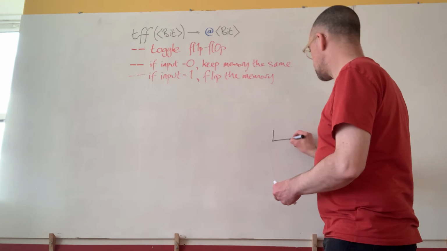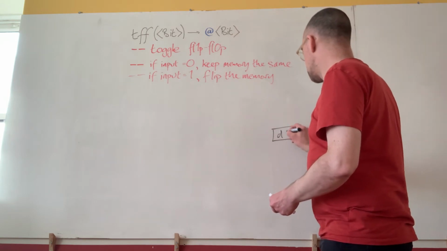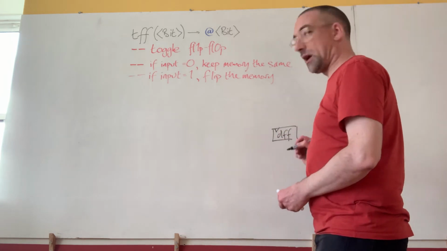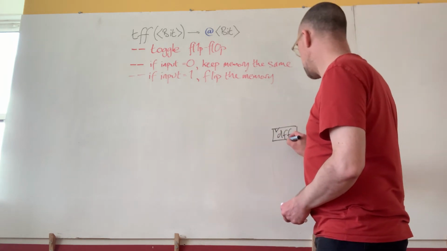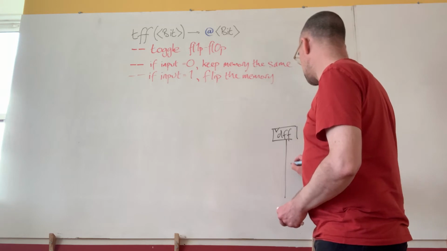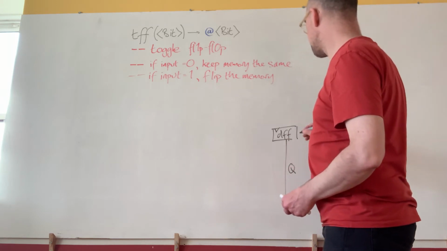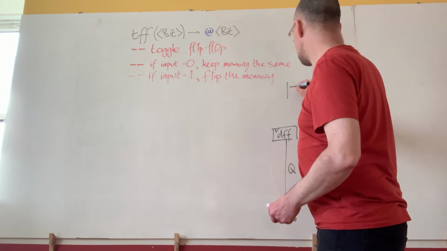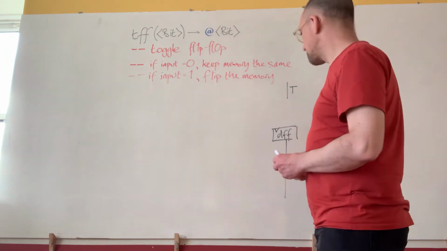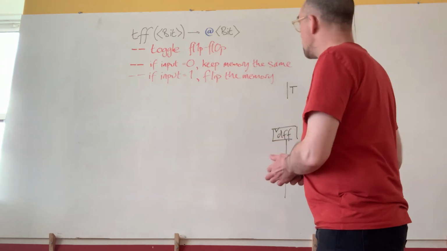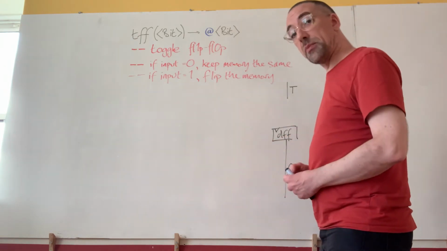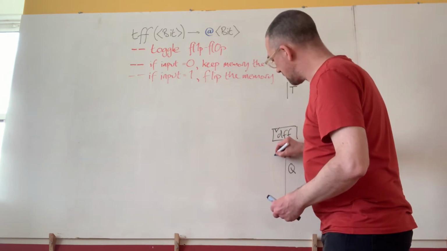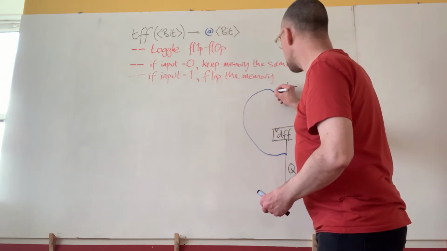It's going to be built from a D flip-flop, because that's our main source of memory, with a clock signal that I don't need to wire up, and it's going to produce an output called Q. Meanwhile, there's going to be some input to the whole thing called capital T. But because of the D flip-flop being a memory, I'm also allowed to loop the Q signal back round.